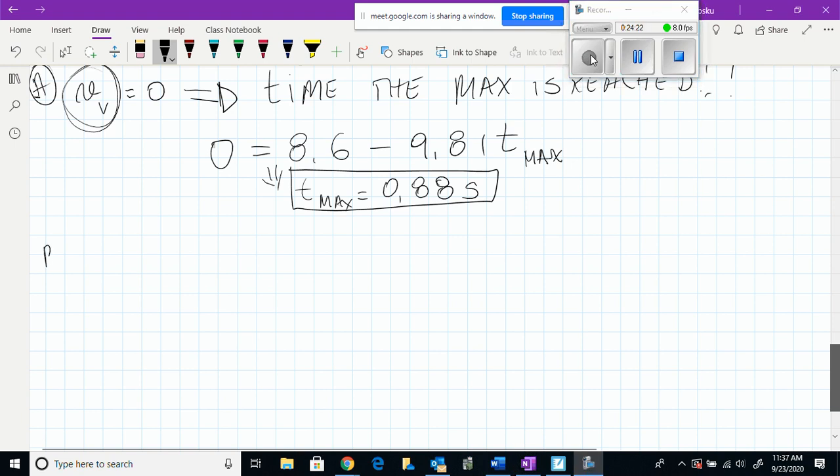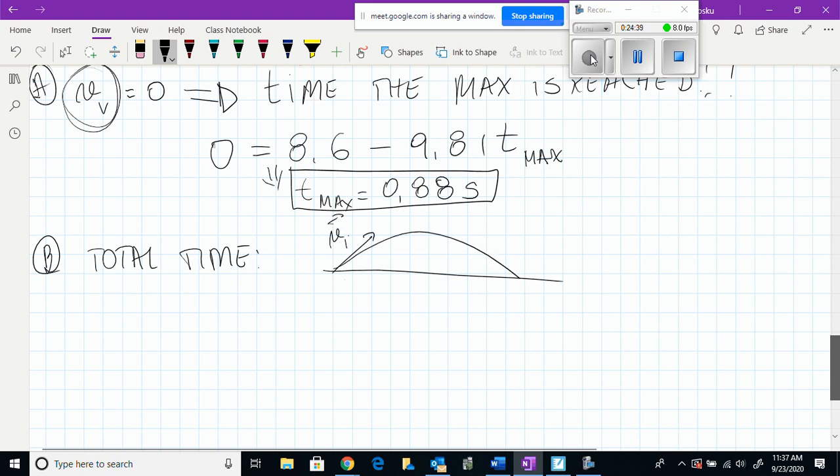However, if I'm asking you to find the total time, for the questions that are ground to ground, so not from a cliff, a question where you are throwing an object from the ground and it is still hitting the ground, those are known as ground to ground questions.